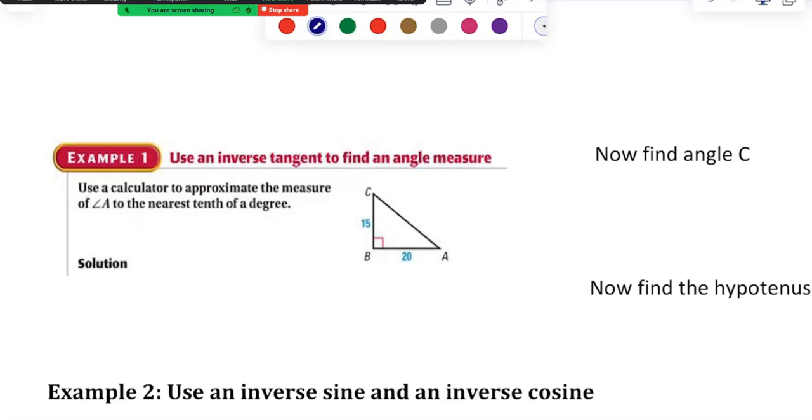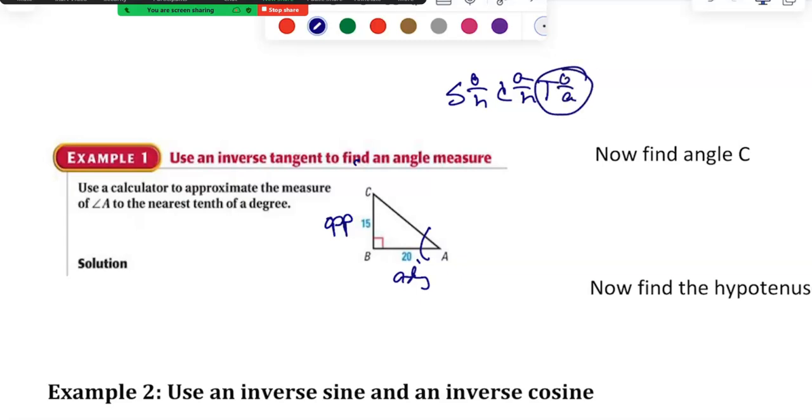Use an inverse tangent to find an angle measurement. It says use a calculator to approximate the measure of angle A. From angle A's perspective, this is the opposite and this is the adjacent. Let's do the whole SOHCAHTOA because we're allowed to use anything we need.